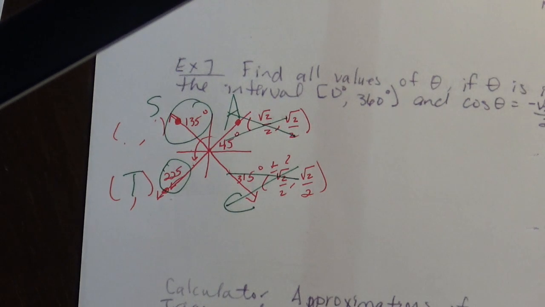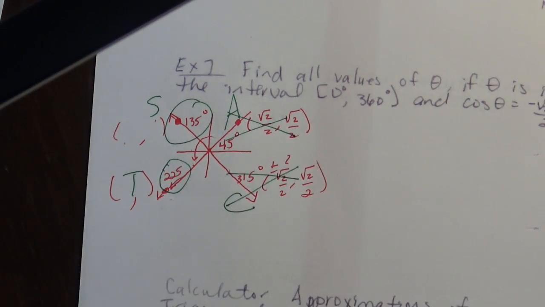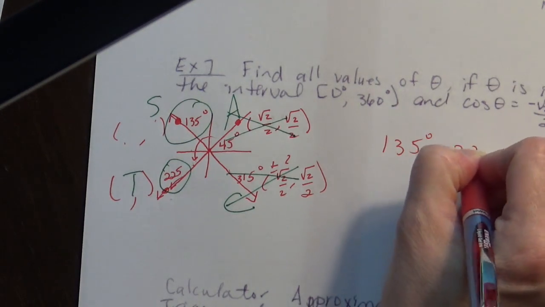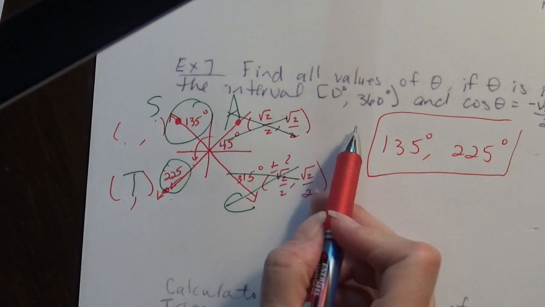Because we are asked to find the angles that have a cosine of negative square root 2 over 2, it's going to be here and here. So 135 degrees and 225 degrees are our answers, and they're both inside this interval.